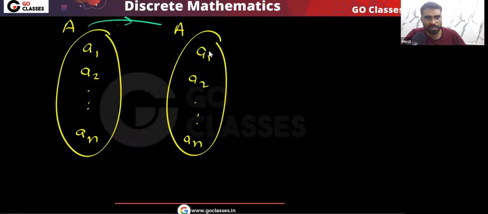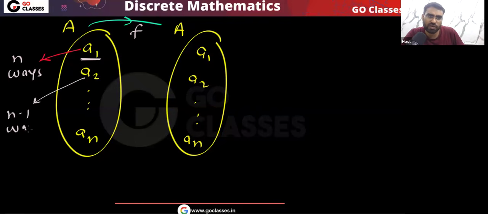Now let's use our method. So tell me, for this A1, how many choices do I have? I want an injective function, remember. So for this A1, I can map here, or here, or here. So there are n choices, n ways. For A2, how many? n minus 1 ways. Notice, once I'm done with A1, now A2 has n minus 1 ways.